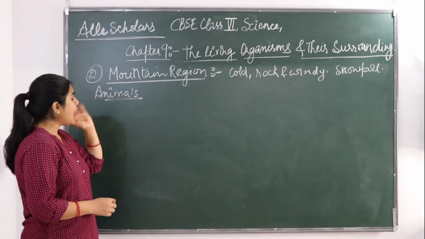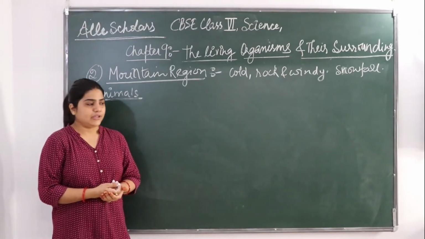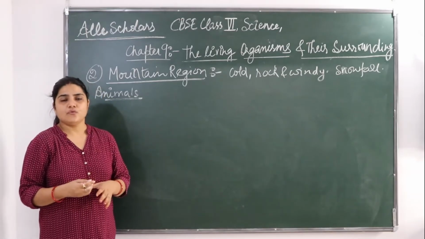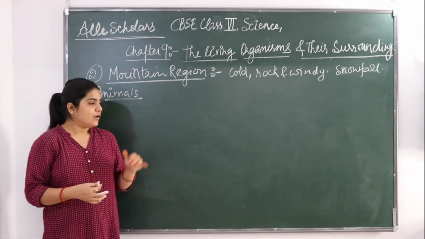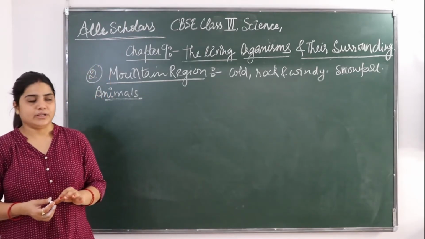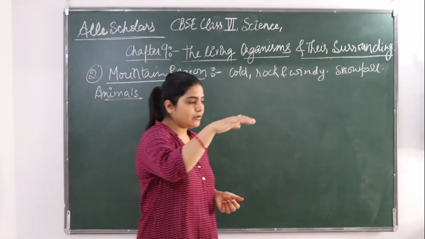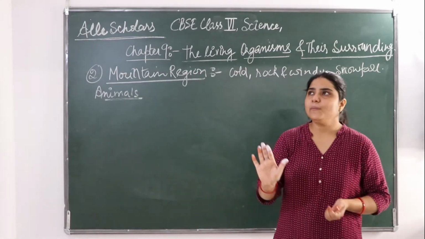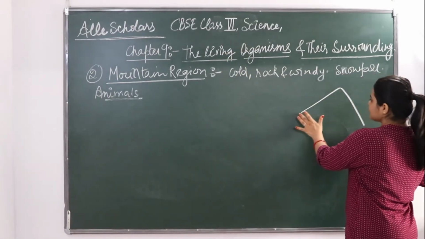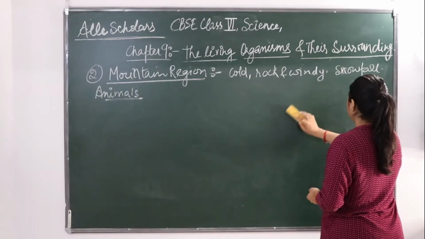Animals like goats and sheep are also very famous in the mountain region. Goats have strong hoofs so that they can run up the rocky slopes of the mountain. We know that mountains have this type of rocky slope, so it is difficult to run on them.